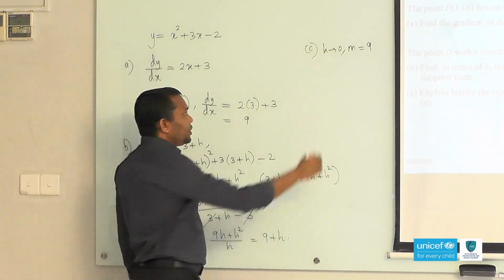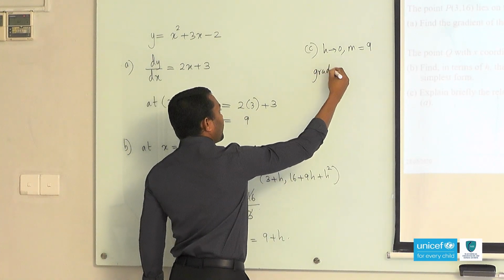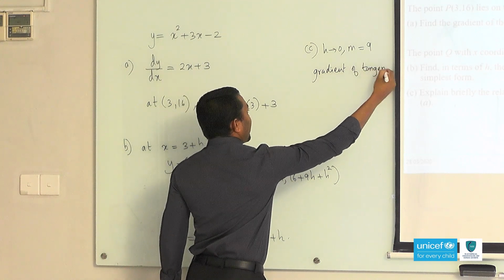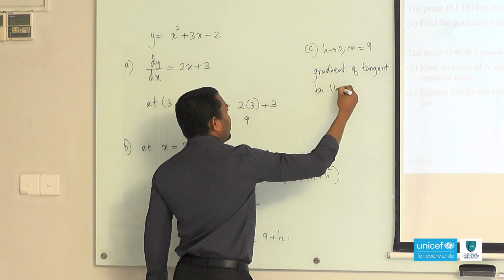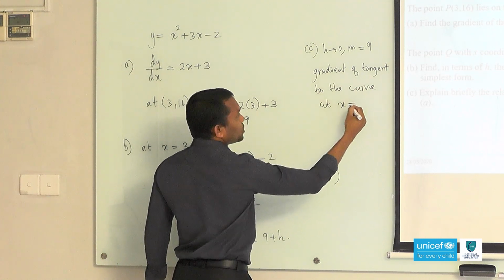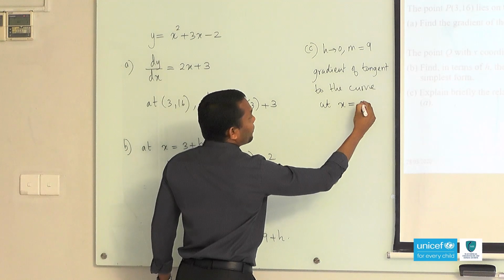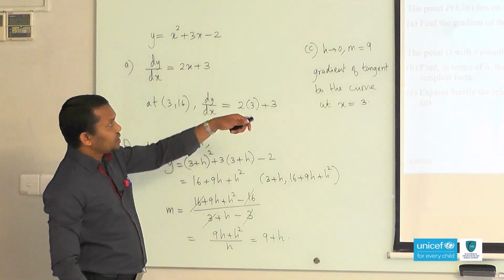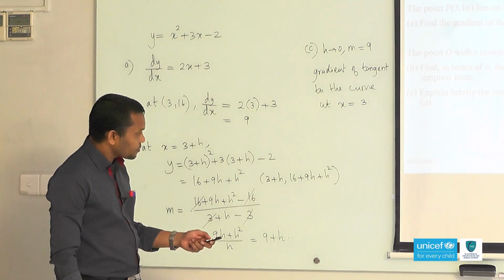That gives you the gradient of the tangent to the curve at x equals 3, or at P. So, that is how we answer this question.